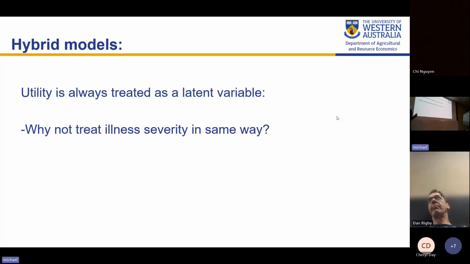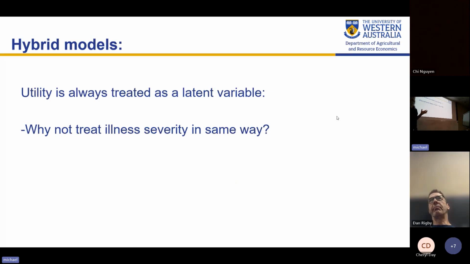So this leads into the hybrid models. The hybrid models say utility is treated as a latent variable. We don't assume that we can observe your utility as a result of you consuming a good. We treat it as a latent variable which then causes behavior. Conventionally, if you have a choice between two goods, we say the one that gives you the highest of this unobserved latent called utility is the one you pick.